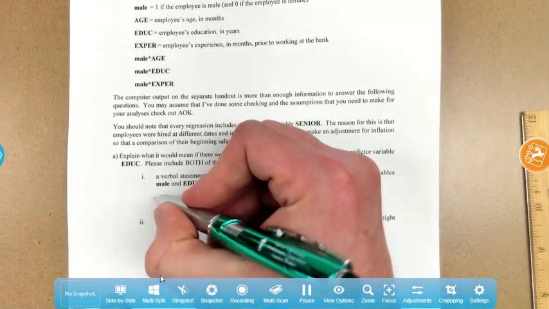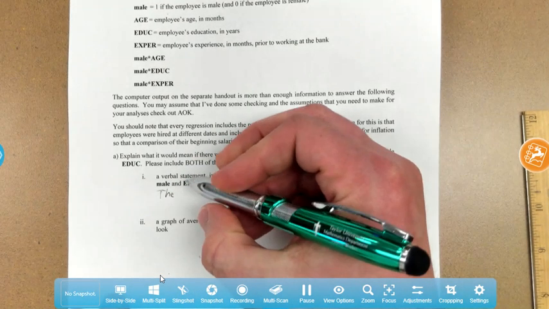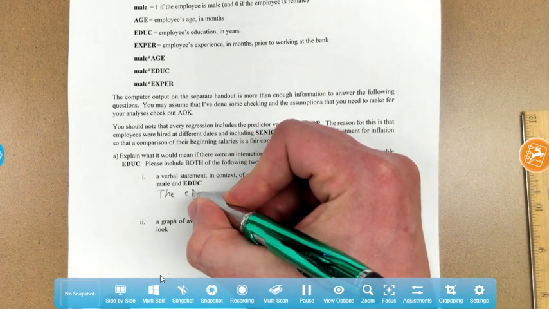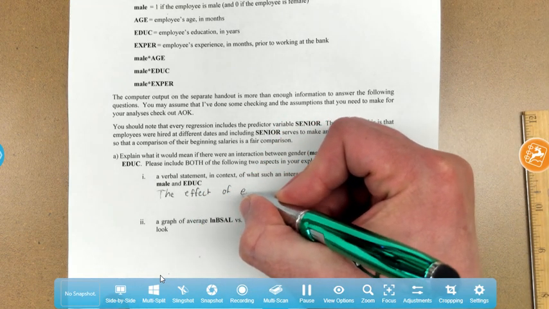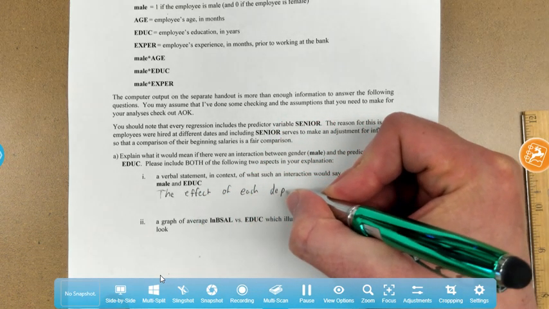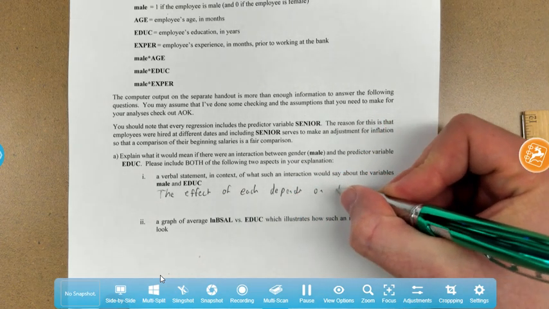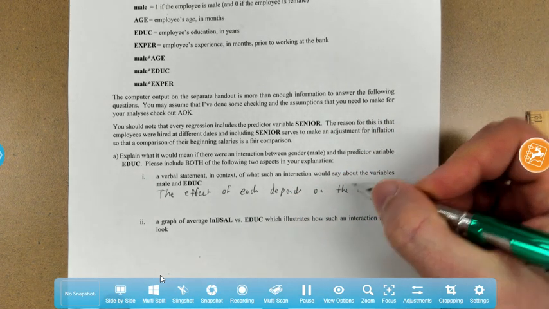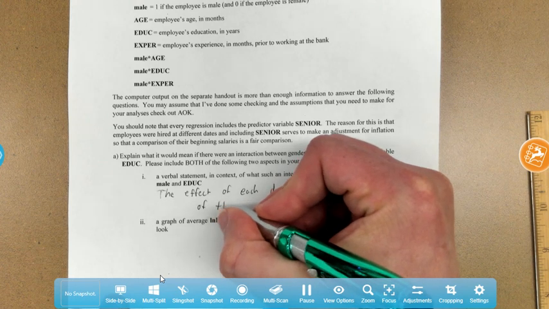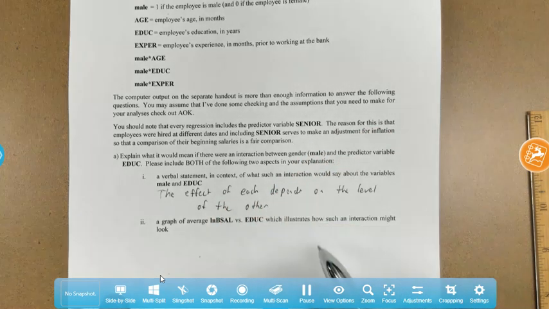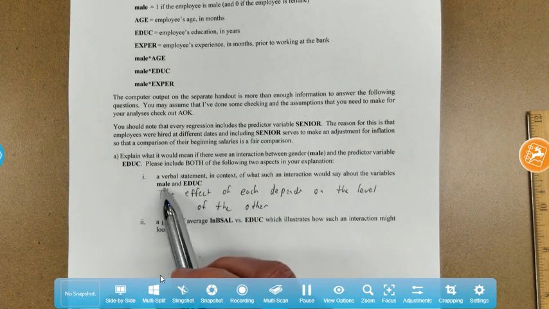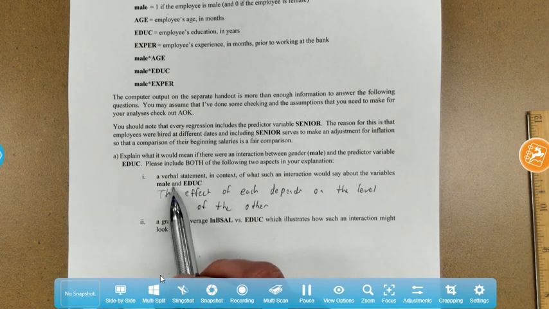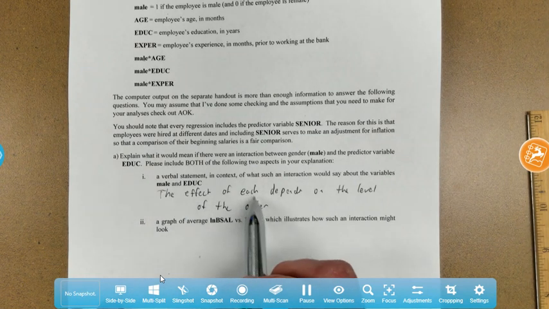So what you could say here is the effect of each depends on the level of the other. So the effect of education depends on the level, that is the male or female part of it. So you could even say the effect of education depends on the gender.